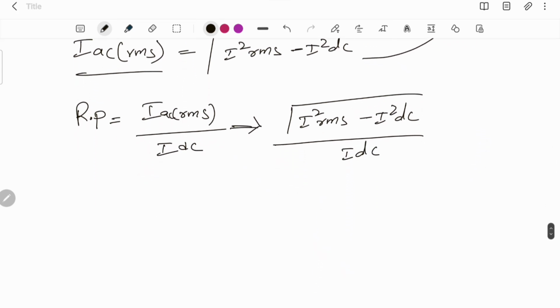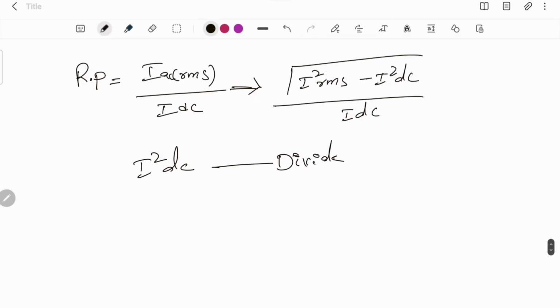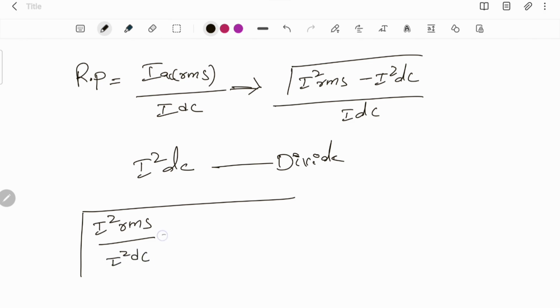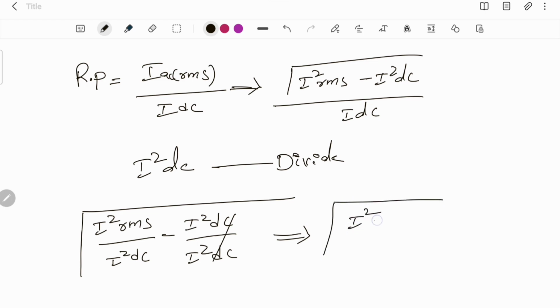So now what we have to do is divide the numerator and denominator by I square DC. So root of I square RMS by I square DC minus I square DC by I square DC. See here, I square DC and I square DC will get cancelled. Now what remains is root of I square RMS by I square DC minus 1.